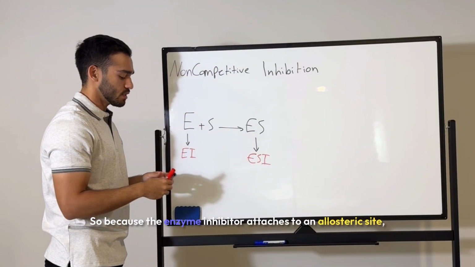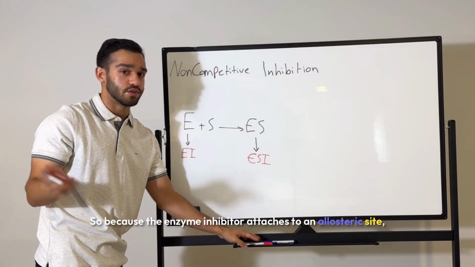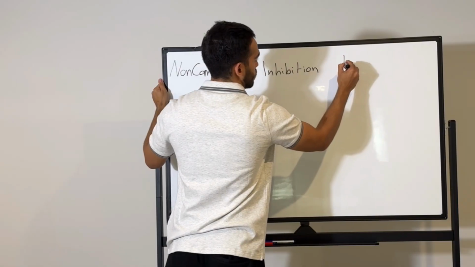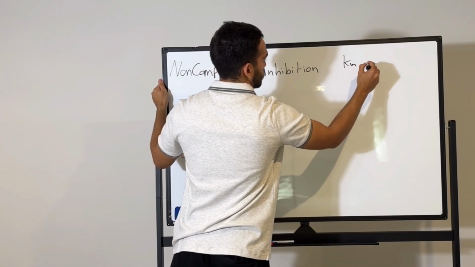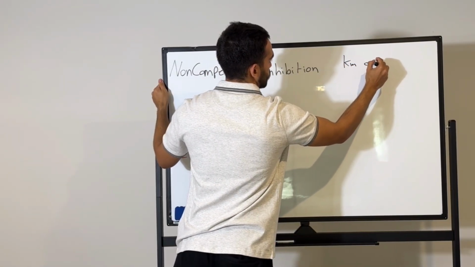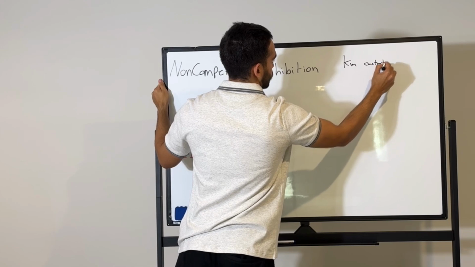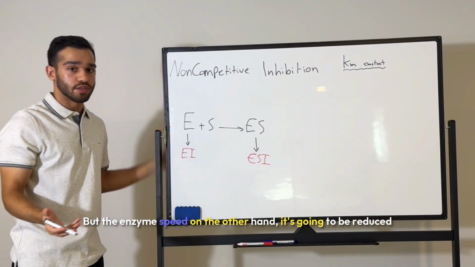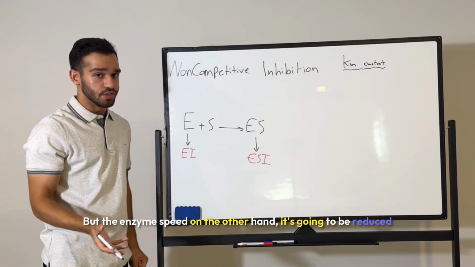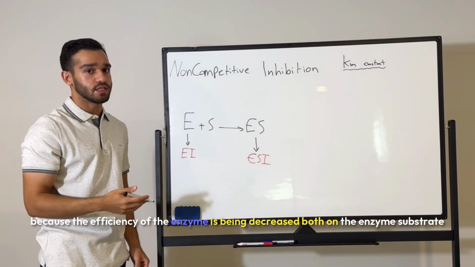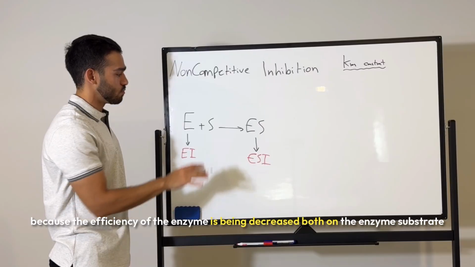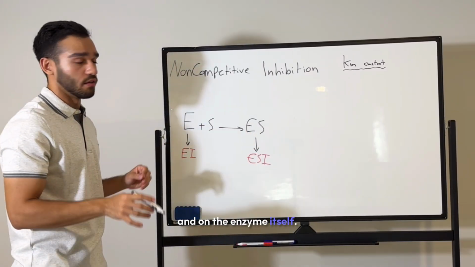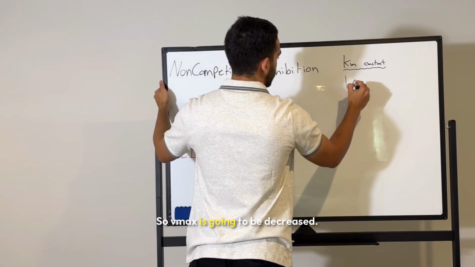So because the inhibitor attaches to an allosteric site, it does not change the affinity, so Km is constant. But the enzyme speed, on the other hand, is going to be reduced because the efficiency of the enzyme is being decreased both on the enzyme substrate and on the enzyme itself. So Vmax is going to be decreased.